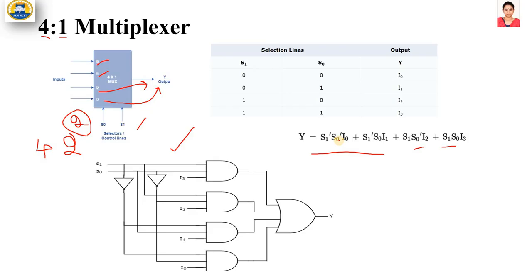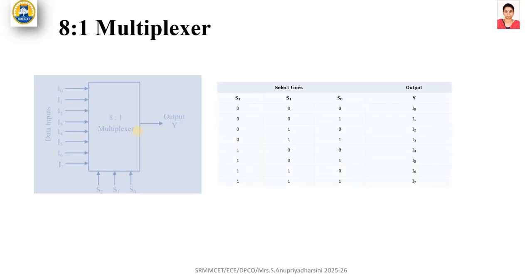The first one alone I will explain here: S1 bar, S0 bar, I0. So I0, S1 bar and S0 bar go into an AND gate, and the final expression is an OR. A 4 input OR gate is used here. So this is the 4 to 1 multiplexer.